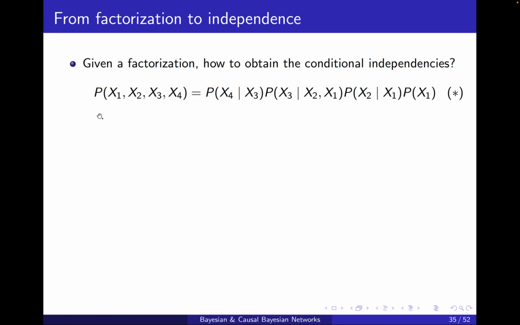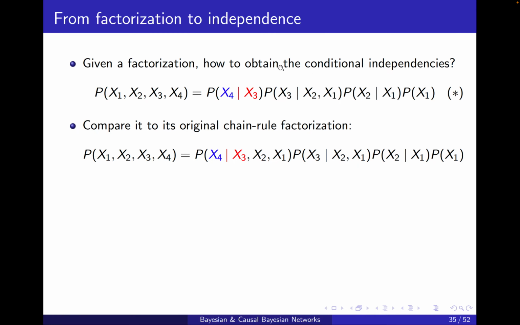So for example, assume that we know that the joint probability distribution of x1 to x4 is written in this form. Well, one thing that I can do is just to compare the factorization to the original chain rule factorization. If you recall, p of x1 to x4 can be written in this form: x4 conditioned on the remaining, x3 on x2, x1, and so on. Now, by comparing these two, I realized that what is changed here is this last term, the first term from left, x4, and here these two variables, x1 and x2, are taken out.